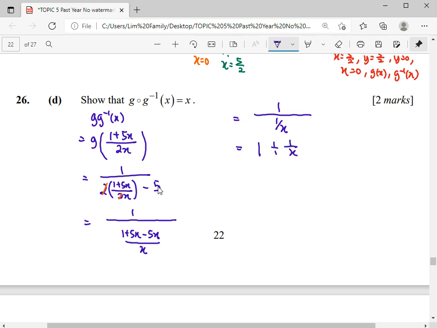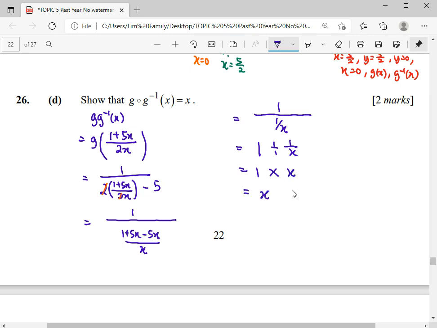So we can write like this. We inverse it, it becomes multiplication. Then the fraction we inverse will become x over 1. Okay, we reverse this fraction. Numerator becomes denominator, denominator becomes numerator. So we inverse it, it becomes x over 1.